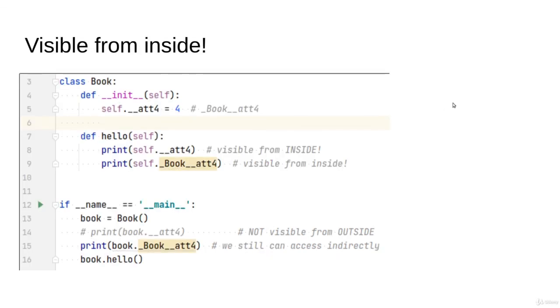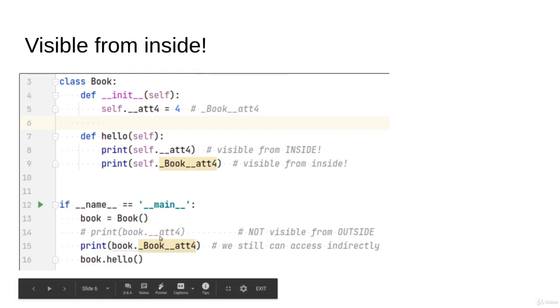However, notice that visibility from inside the class is different from visibility outside the class. What we said about our inability to access the attribute is mainly for outsiders. If you are inside the class, you can access it in a very normal way.